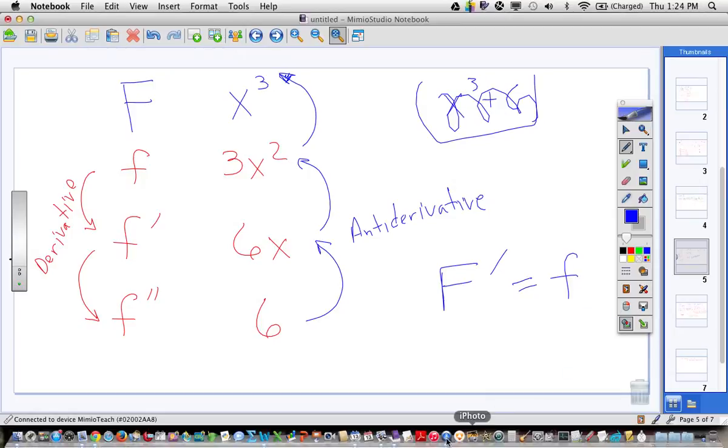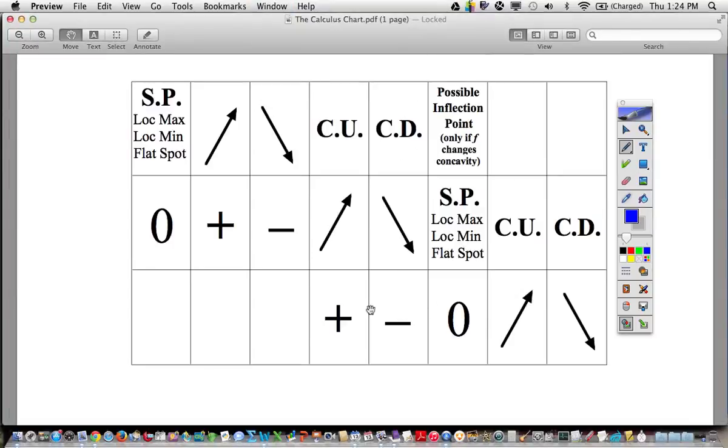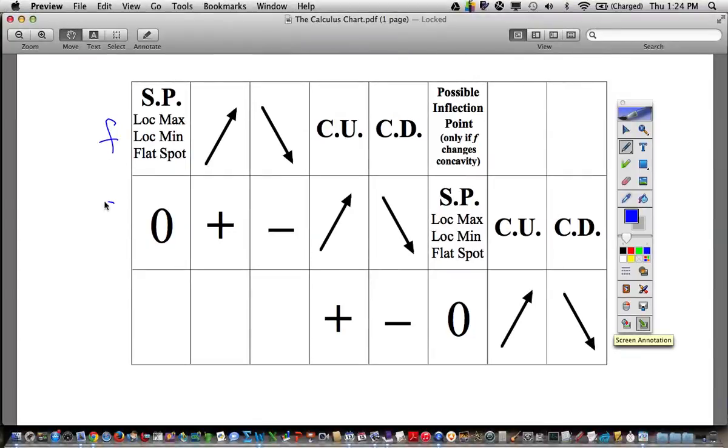So one of the reasons, when I made my chart, and you guys might remember me talking about this a little bit, I didn't label the left side over here. Well, that's because you might be working on a situation where you want this to be f, f prime, and f double prime, or you might be working on a situation where this row is big F, this row is big F prime, this row is big F double prime.